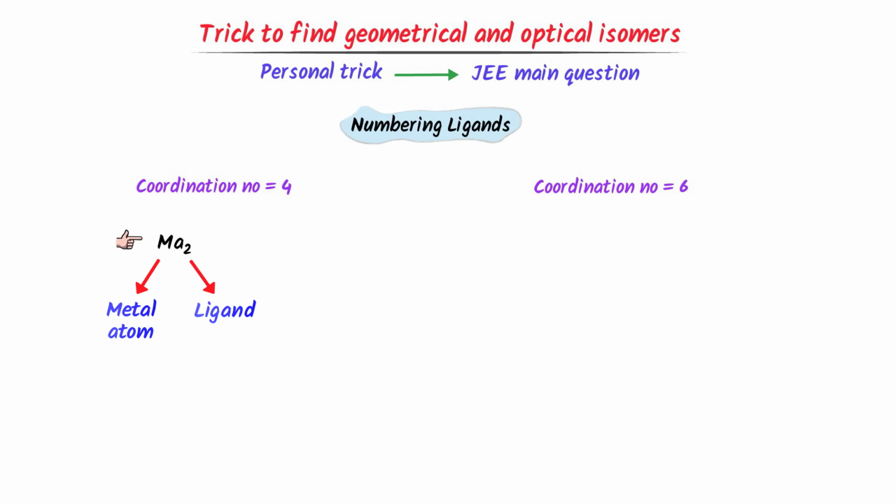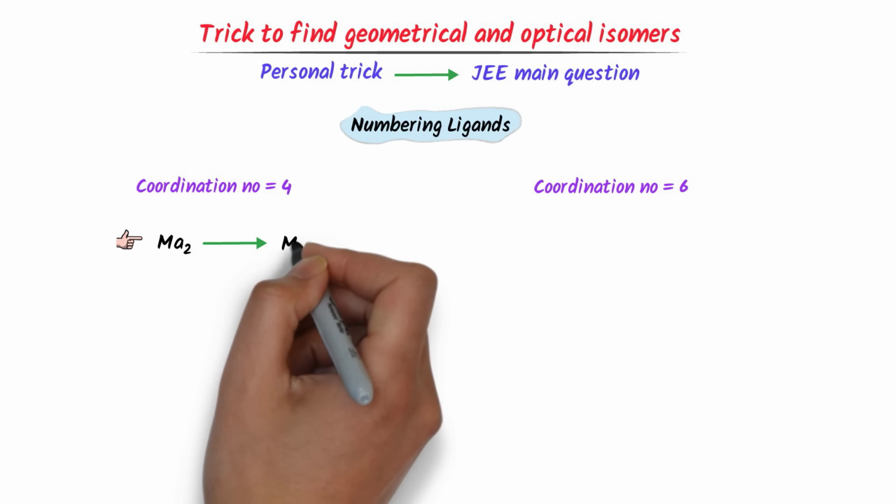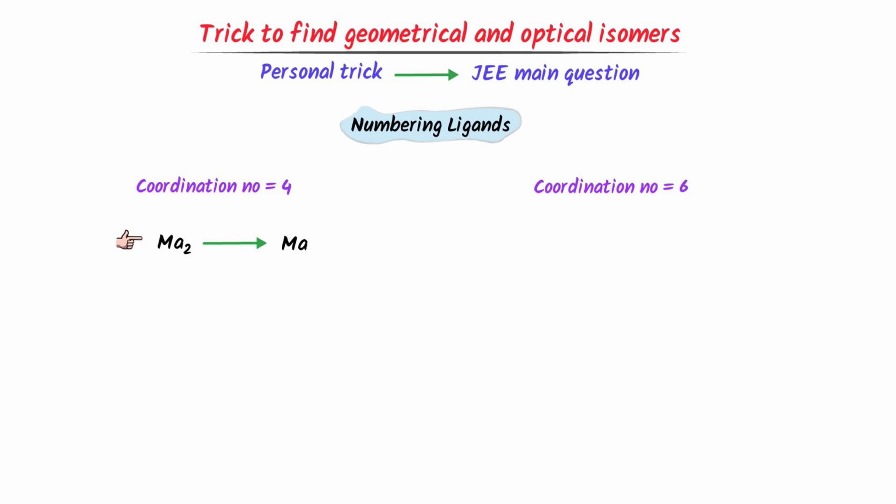But the number of ligands is incorrect. Around the central metal atom, there are 4 ligands, so I write 4 as a subscript with this A. Now this is the correct way of writing ligands. Remember that I will not write M with the ligands, so that things are super easy.